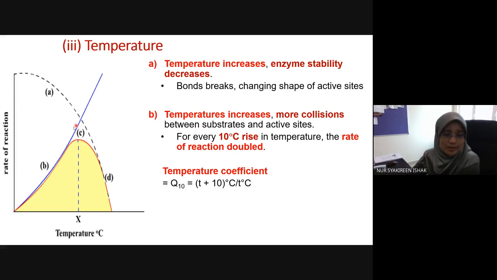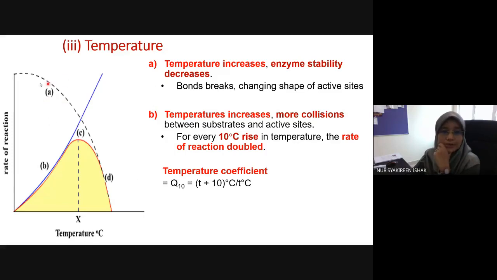It shows you the optimum temperature, and then point D is where the rate of reaction will start to decrease because you increase the temperature above the optimum temperature. At this point D, the enzyme is denatured, and therefore the rate of reaction slows down and then stops at some point because all the enzyme has been denatured due to the high temperature.